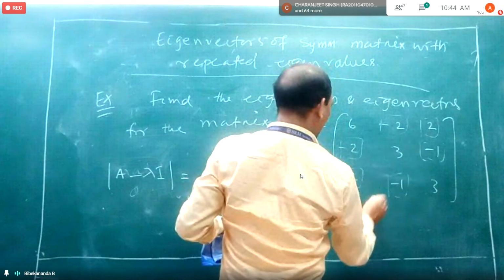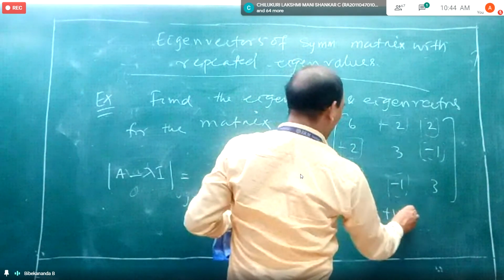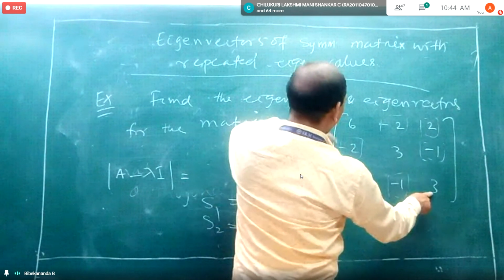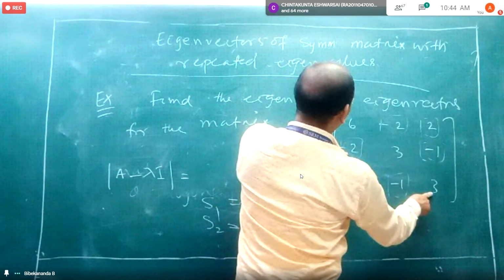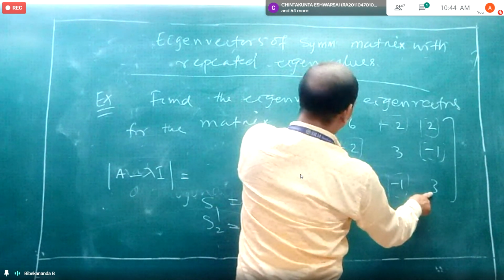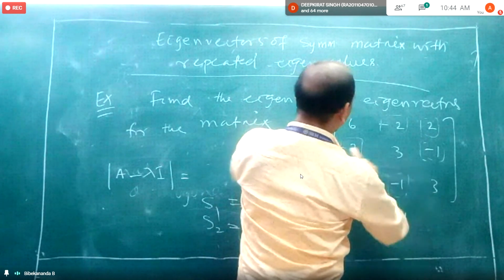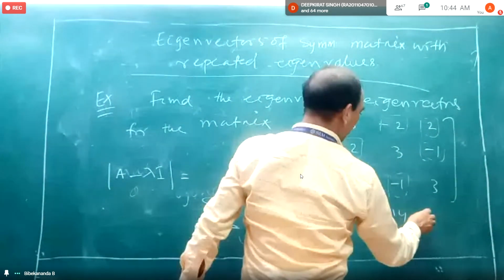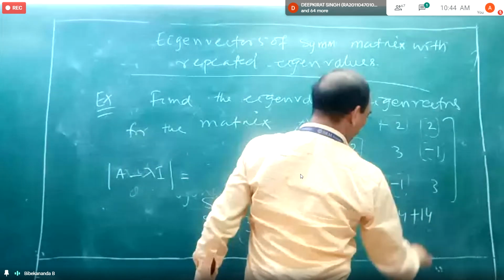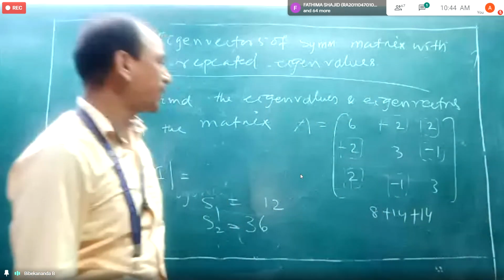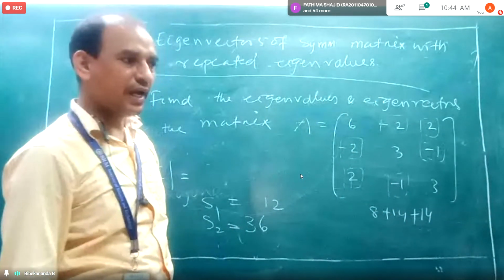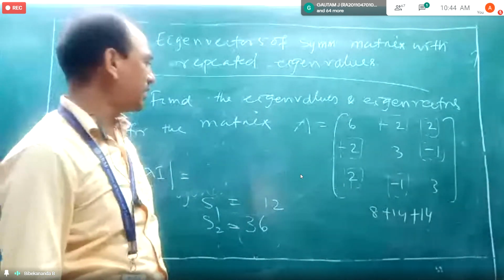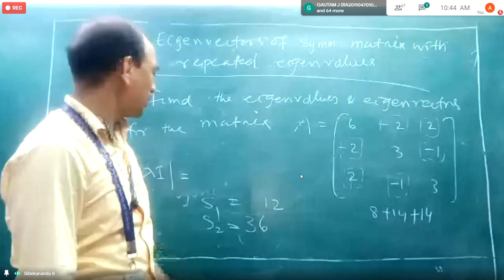So here you are getting 8 plus 14, and for the last element 14. So 8 plus 14 plus 14 is 36. That will be 36.